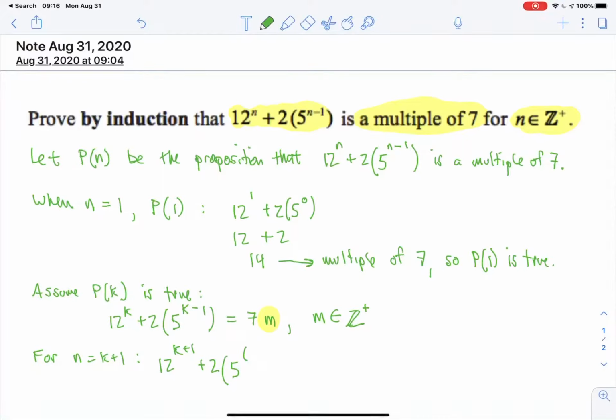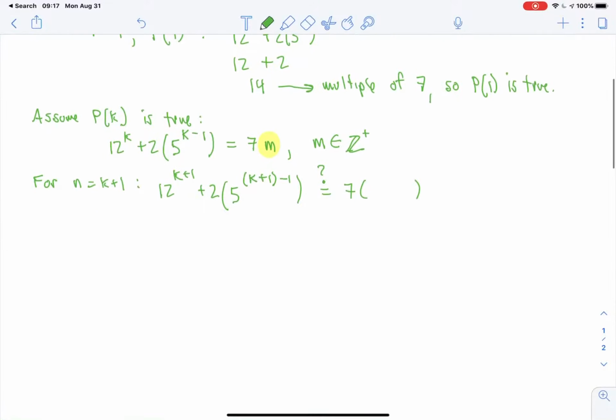You don't have to, but I don't like to miss terms. So just to be clear, I'm going to write in k plus 1 minus 1 on the left-hand side. And I want to show that this is equal to 7 times some number m. Okay, and I don't know exactly what it is, so 7 times something, that is an integer. And I'm going to put that question mark in there because I'm trying to show that this is true.